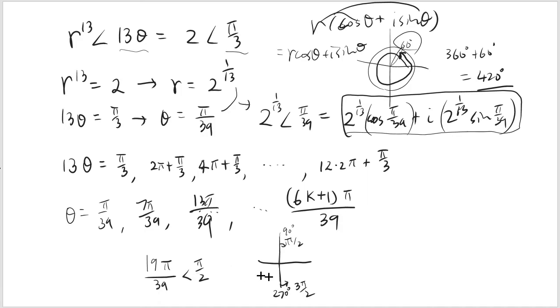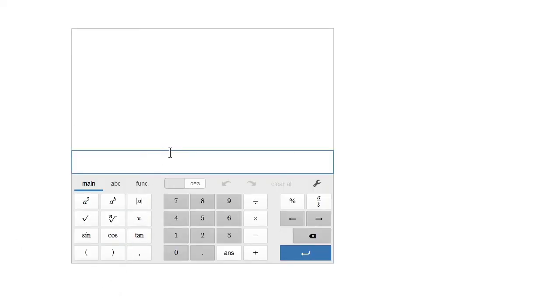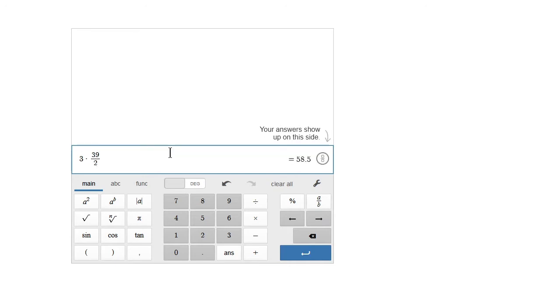But it's also true that, what's 3 over 2 times 39? I need to use a calculator for this. 3 times 39 divided by 2 gives you 58.5.